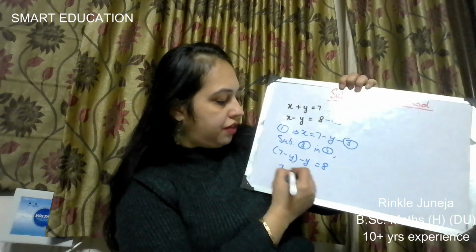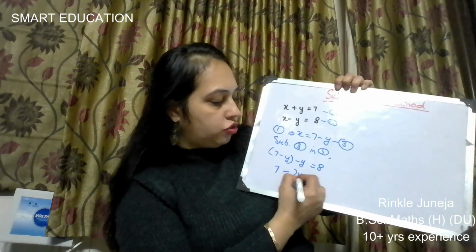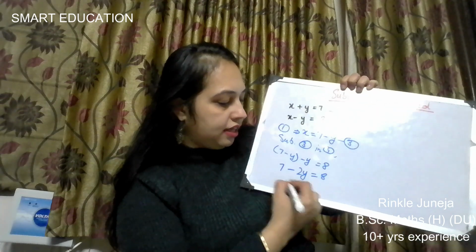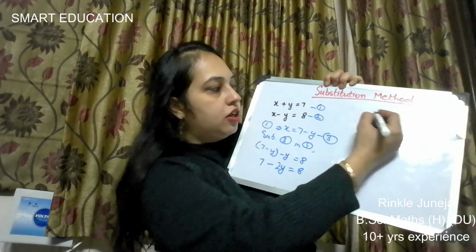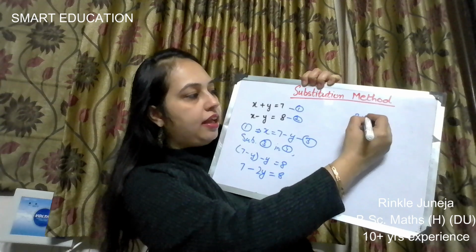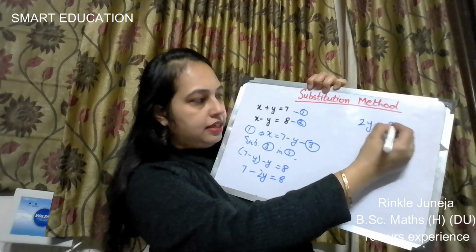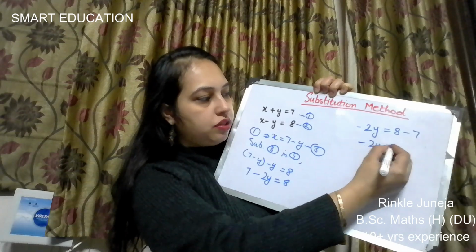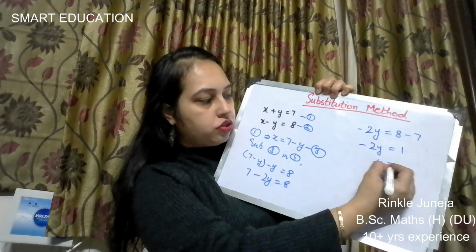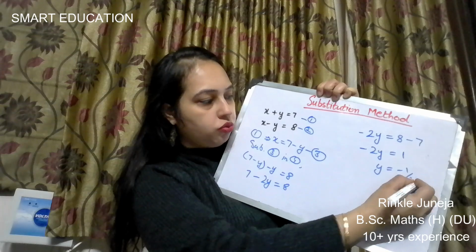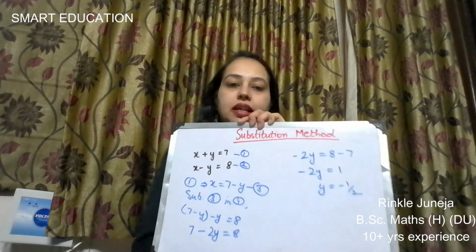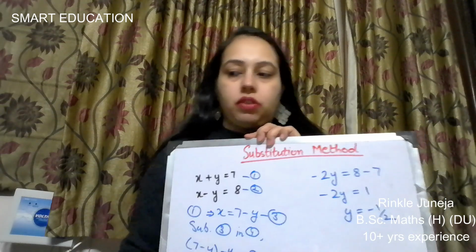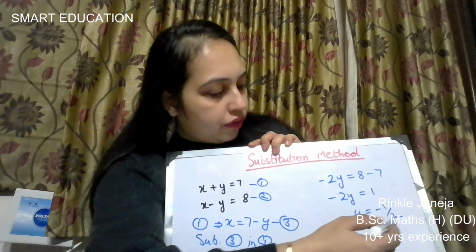Solving this, we get 7 minus 2y equals 8. We take 7 on the other side, so we get minus 2y equals 8 minus 7, so minus 2y equals 1 and y equals minus 1 by 2, because minus 2 is getting multiplied, so it will go and divide on the other side. So this is the value of y.